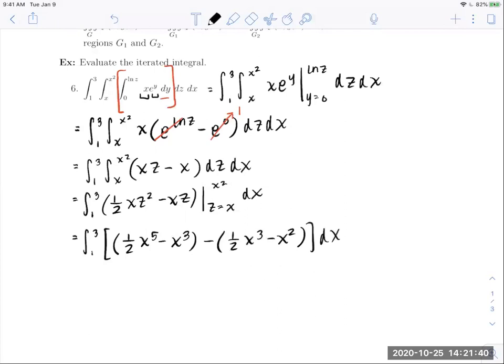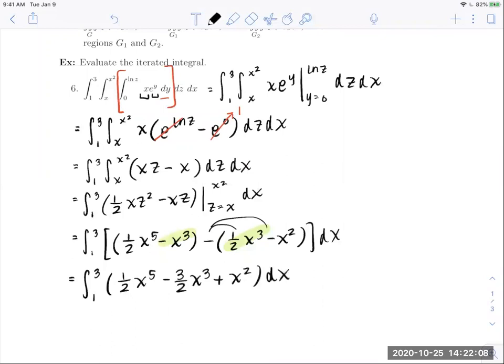All right, now before I dive right into my final iteration of an integral, let's go ahead and distribute this negative. And furthermore, we'll combine. We have a negative x cubed minus a 1/2 x cubed, which is going to be a negative 3/2 x cubed. All right.